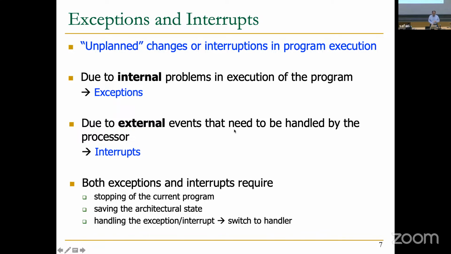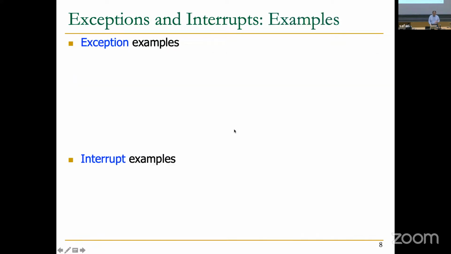Then, if possible and if it makes sense, we return to the program execution. Sometimes exceptions stop the execution of your program completely, so your program needs to be terminated. But sometimes you can trap exceptions and solve them. For interrupts, mostly we get back to normal execution after servicing the interrupt. So now let's see some examples.